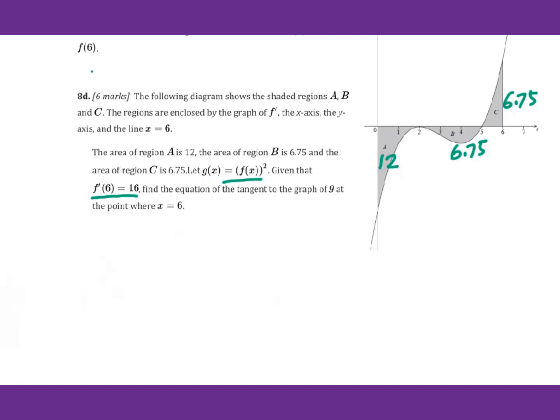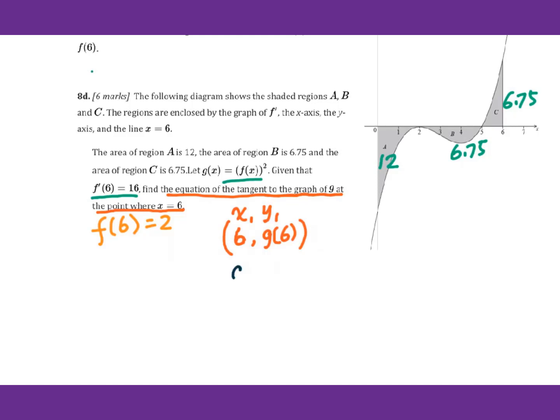From 8c, we already know f of 6 equals 2. If we want the equation of the tangent to the graph of g at the point where x equals 6, we need to get x1, y1, which means we need 6 and g of 6 first.